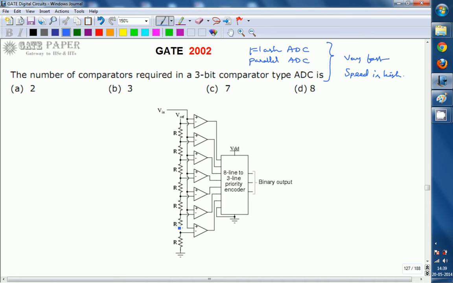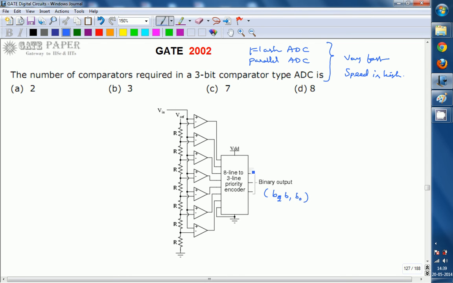We call it 3-bit because an analog to digital converter represents the given analog signal in digital form, that is, in terms of bits. Since the output is in the form of 3 bits, the binary output will be B2, B1 and B0.